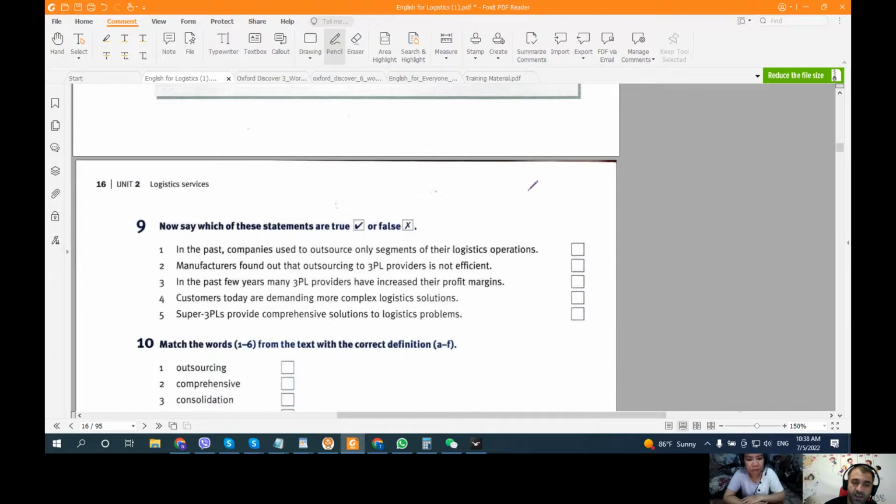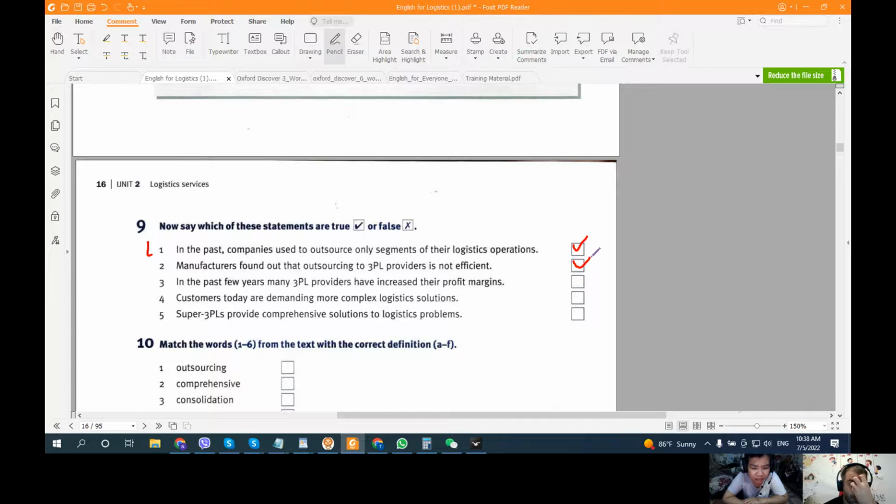Now let's see. We have here statements, say which statements are true or which are false. Can you please read statement number 1? In the past, companies used to outsource only a segment of their logistics operation. True. Okay, number 2. Manufacturers found out that outsourcing to a 3PL provider is not efficient. True. Okay, number 3.